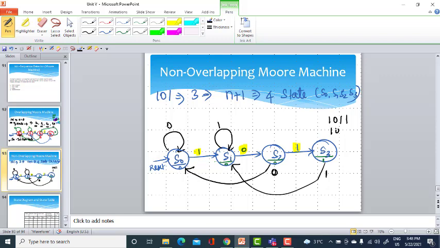When you have 1 0 1 as the correct sequence and now you are receiving 0, 0 means you need to go to the initial state itself. That is the difference here. This is the only difference between the overlapping and the non-overlapping.